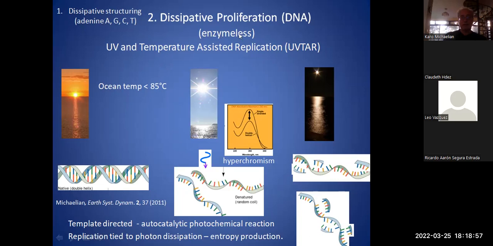And it has to be enzymeless, because today, to denature and later extend DNA, that means make a copy or replicate DNA, we need about 20 or 30 different enzymes. And these enzymes are very complex proteins which could not have existed at the origin of life. So we need a physical basis to describe this replication. And so we have come up with this ultraviolet and temperature assisted replication, which we call UV TARP.